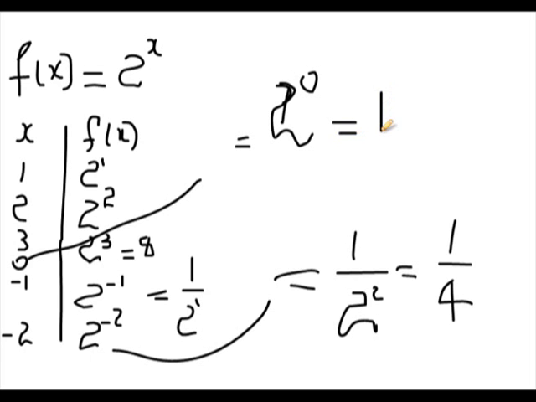So we see for this exponential function, whatever value I took, whether it's positive or negative, I end up with a positive value. That means the range, the results, the y values are always going to be positive. So that's an example of an exponential function.